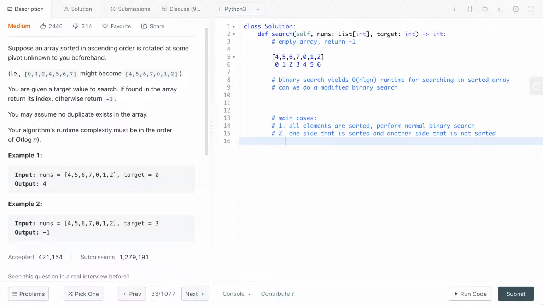So to solve for this case, it's like what I was saying before, which is we check the left side if it is sorted and the target is within.